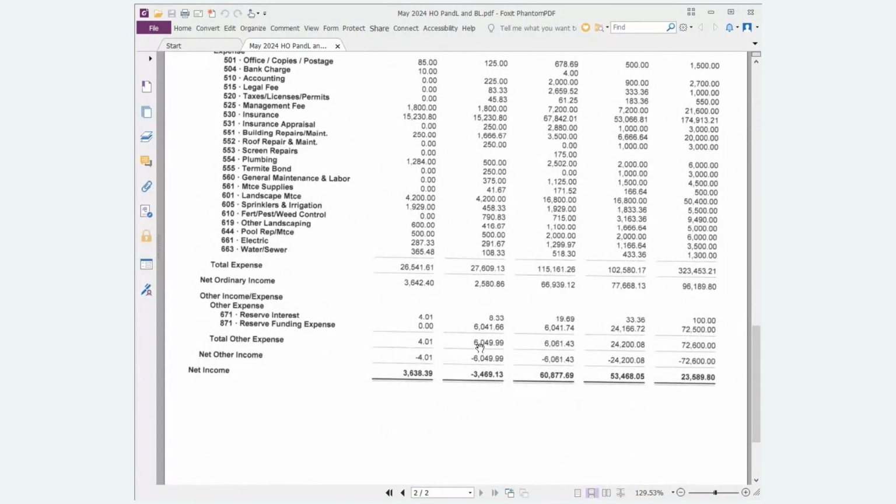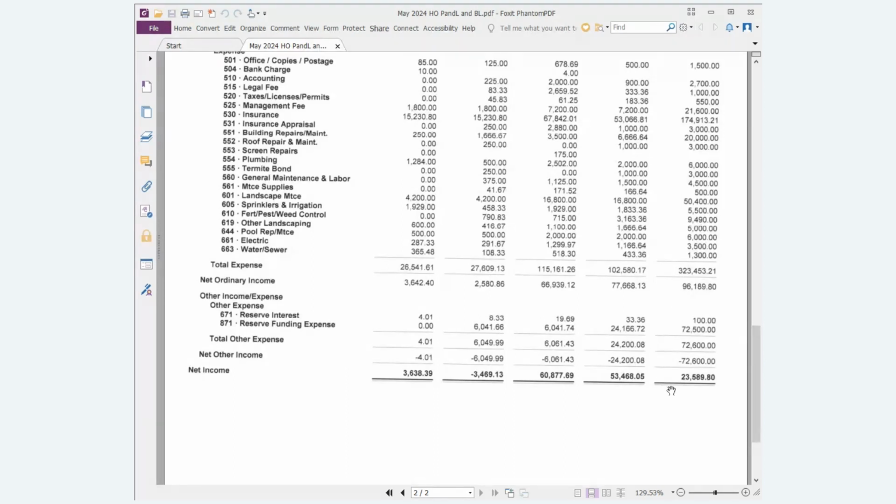It requires a transfer to reserves of $6,049.99, which was not done. You see it's only the $4.01, which is the interest, which really wasn't a transfer because it never came to the operating account to begin with. It went straight into the reserve account. That's what makes this a little bit confusing in this area.